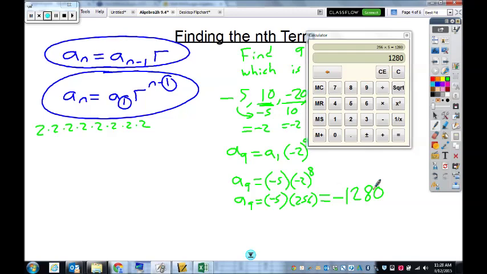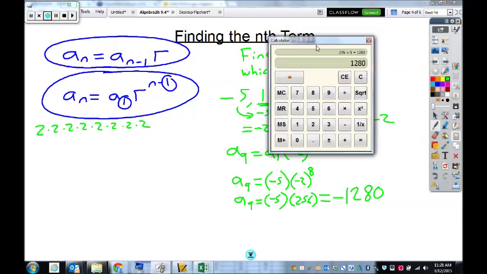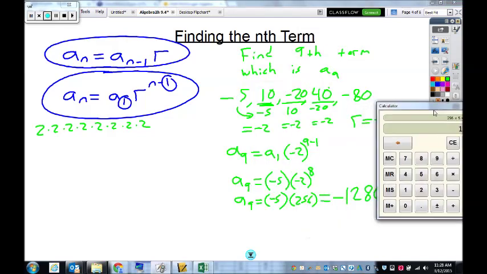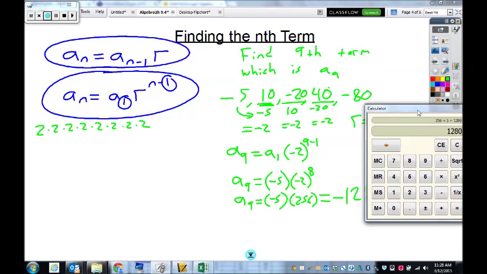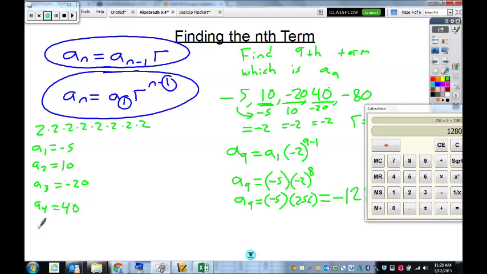Now, the other way I could have gone about this was to actually find each term. So I know a sub 1 equals negative 5, a sub 2 equals 10, a sub 3 equals negative 20, a sub 4 equals 40, a sub 5 equals negative 80.